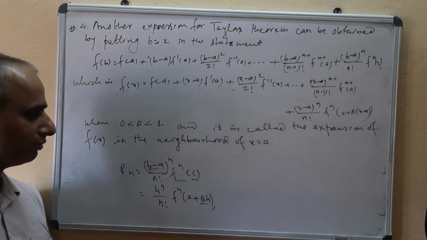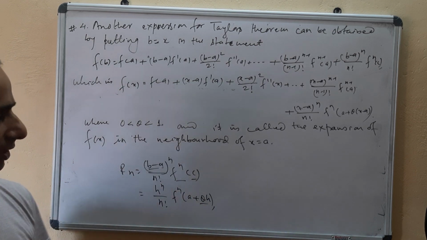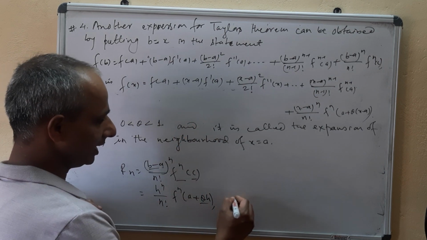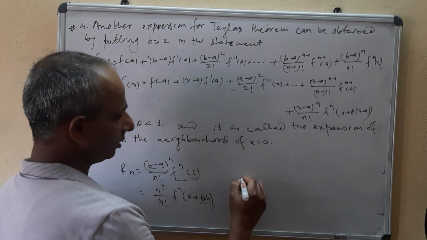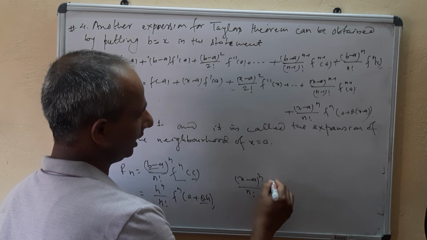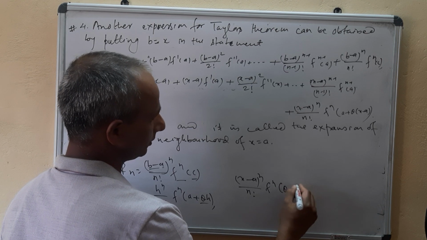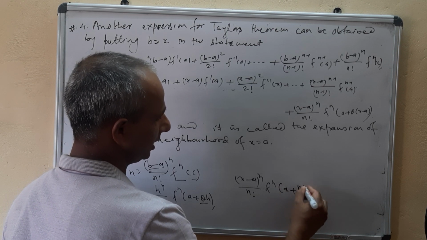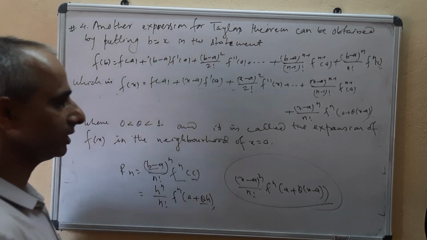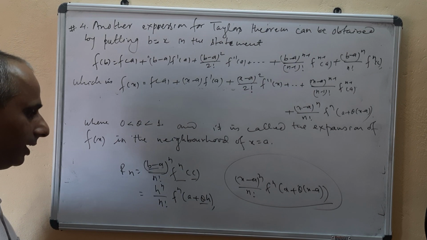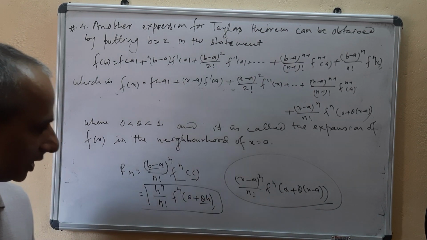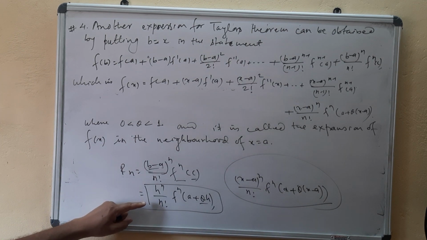Here the function f is defined on the closed interval a to a plus h, and when f x is defined on the closed interval a to x, at that time the remainder term will be x minus a whole power n upon n factorial f n of a plus theta times x minus a. This will be in the expansion of f x about x equal to a, and mainly we use this one as Lagrange's remainder for Taylor's theorem.